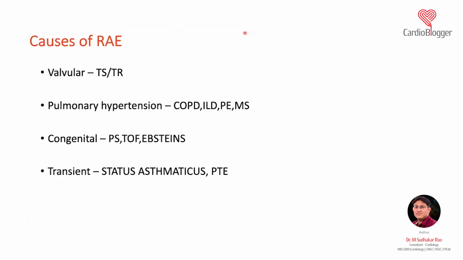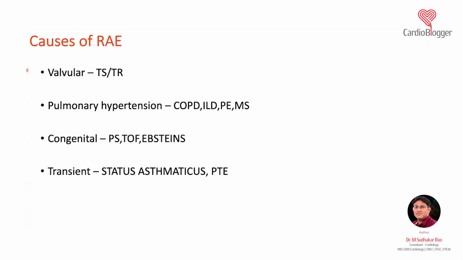Now, as I told you in the first slide, the various causes of right atrial enlargement. I told you to start from valvular heart disease. The valvular heart diseases that can cause right atrial enlargement are tricuspid stenosis and tricuspid regurgitation.